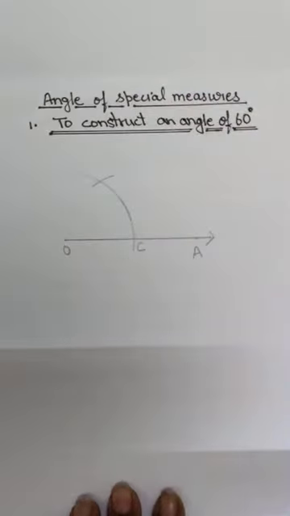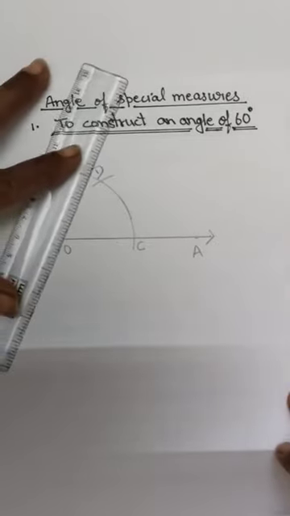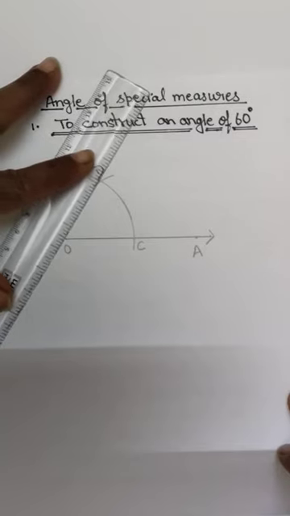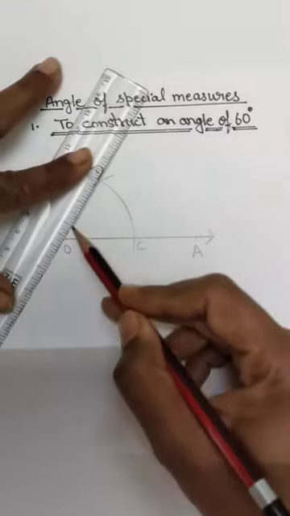Give this point name D. Join OD and produce it, we will make it longer.